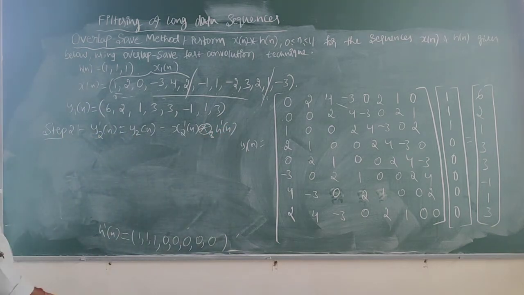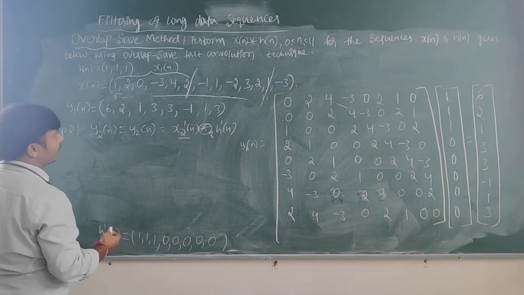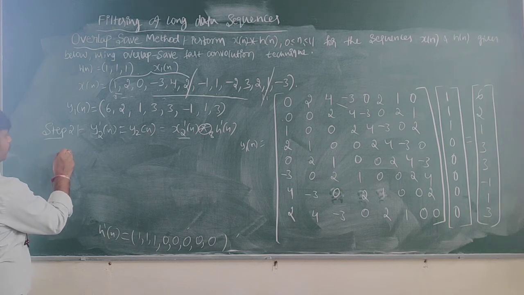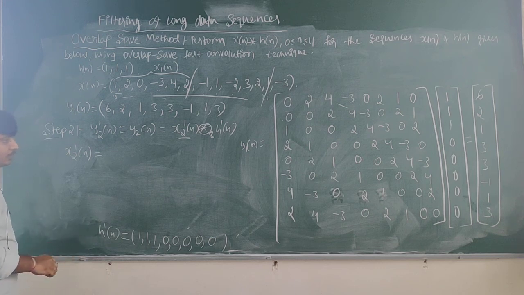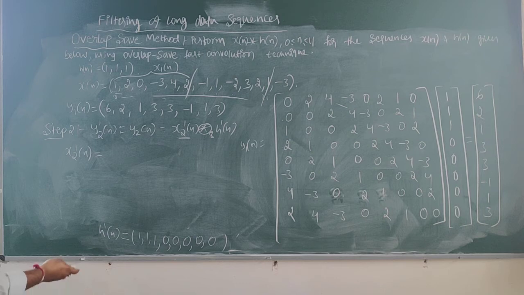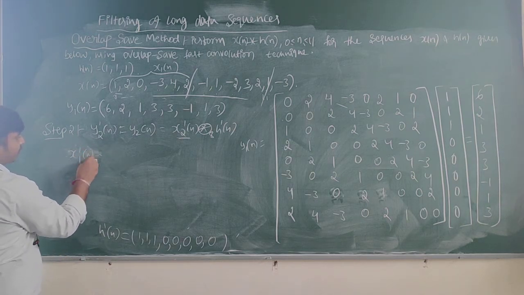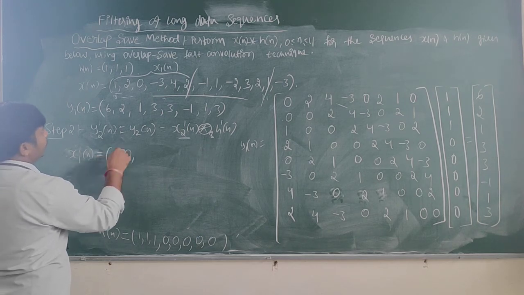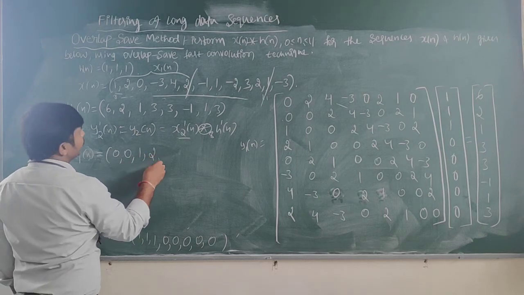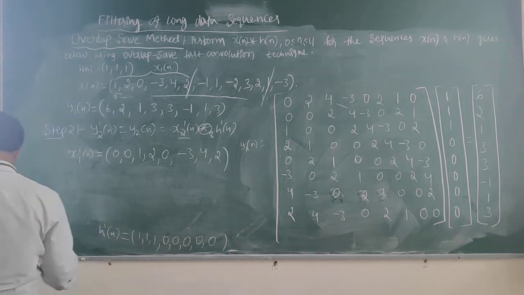I know what h dash of n is, and I need to find x2 dash of n. Before writing this x2 dash of n, what was x1 dash of n? X1 dash of n is equal to starting m minus 1 zeros and then the entries 1, 2, 0, minus 3, 4, 2.